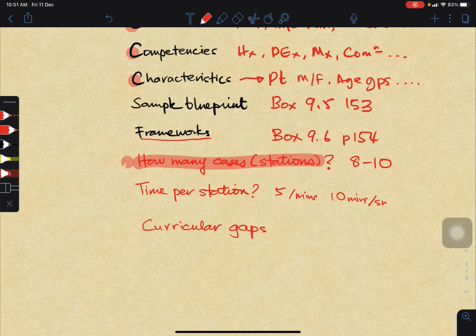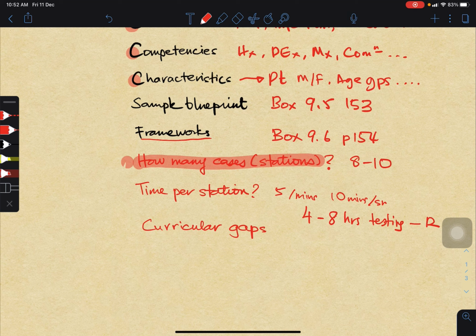But generally it is said that you need 4 to 8 hours of testing time to get reliable results. Okay, 4 to 8 hours. Let's take 4 hours, 10 minutes per station. Then in 1 hour you have 6 stations, and in 2 hours 12 stations.